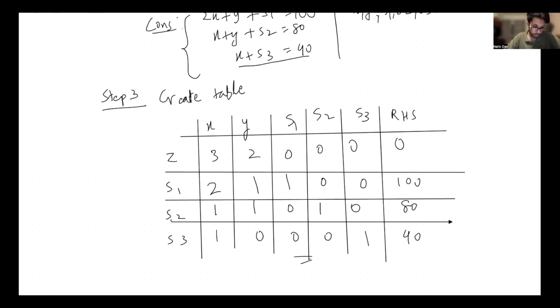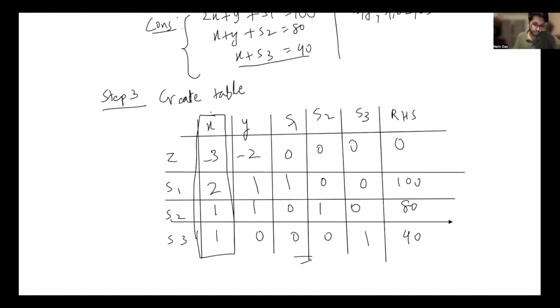Next, we choose the pivot column. Our pivot column would be the most negative value in the z row, which is -3 and -2. Since the most negative value is -3, we choose this as the pivot column.